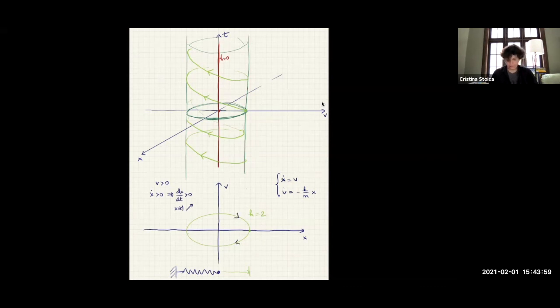So it should be that way. And I hope that my picture is okay. Maybe my picture is wrong here. Let's try again. I have to be in agreement with what's going on with the signs. All I'll do is change the direction.